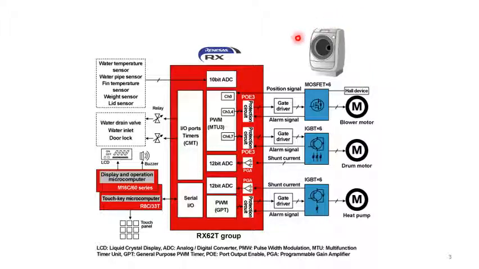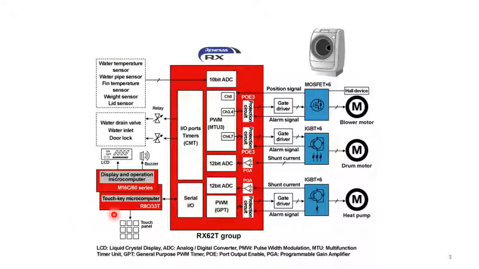This is a fully automatic type of washing machine. In this washing machine we can see there are various input and output variables, and here we can see there is a control processor. This is a controller which is going to take the inputs and the outputs.